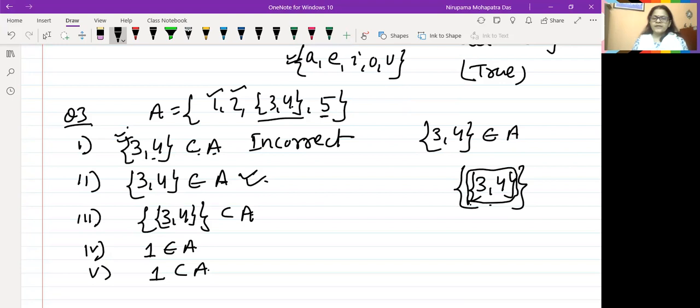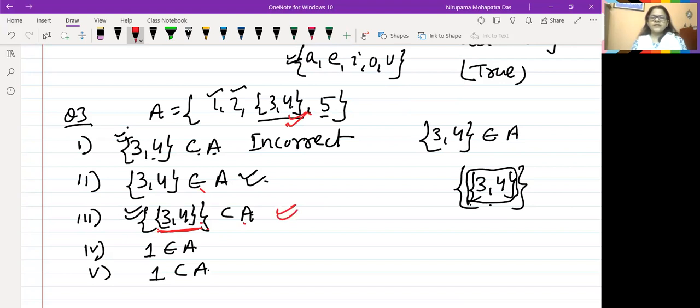So when we write this is a subset of A, every element of the first set, which is the set containing 3, 4, is in A. So it is a subset of A.